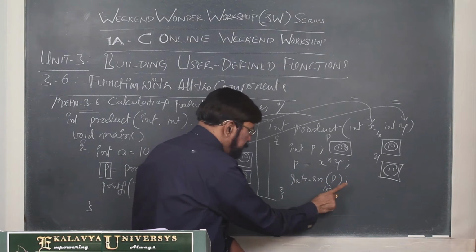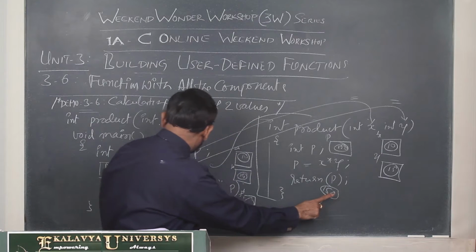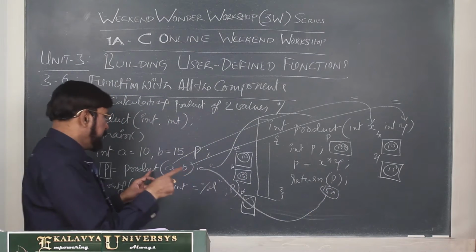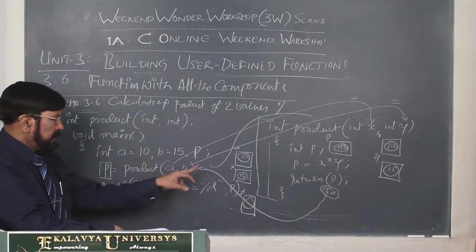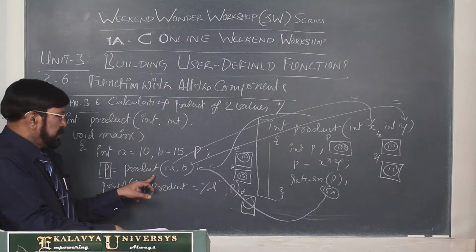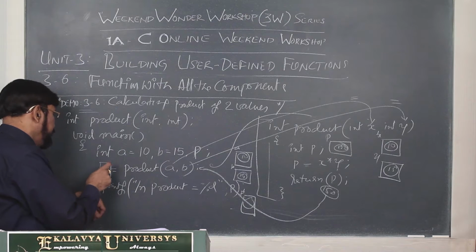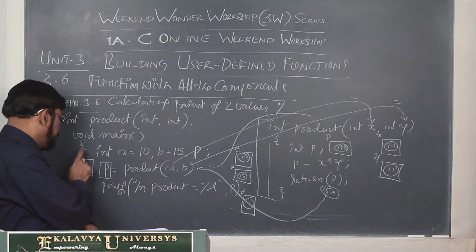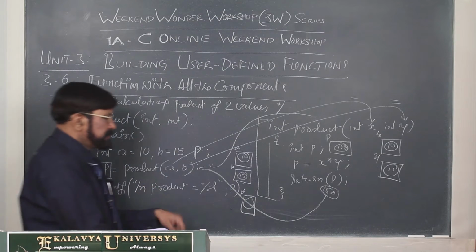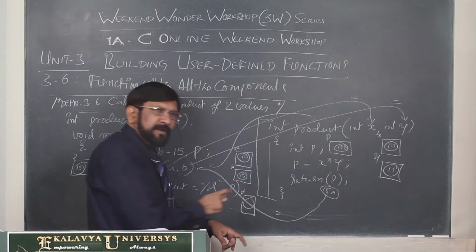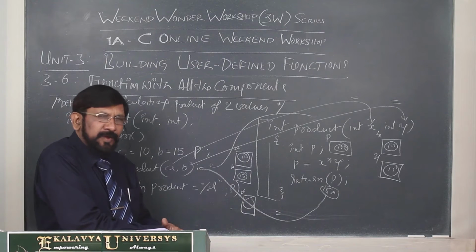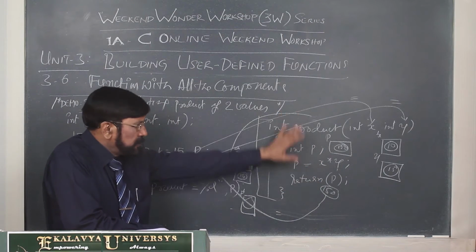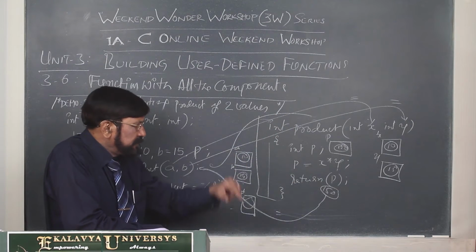Then 150 is returned to the caller, where the function call is made. In turn, 150 is copied into p there. This is also one invisible assignment. Thereafter its job is over, whatever is there it executes everything.